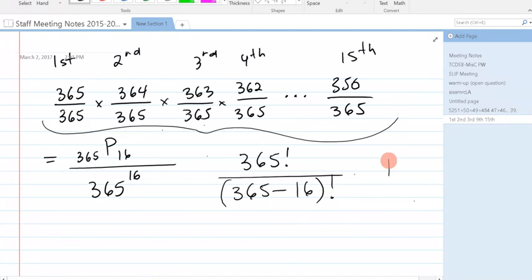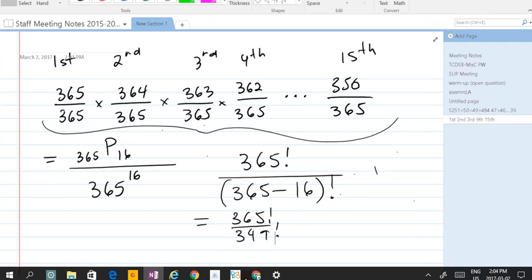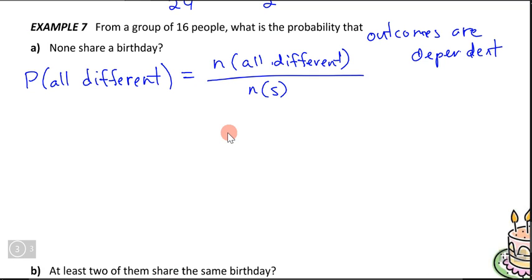Okay, and this would be... why can't I move the screen? I don't know. Okay, so this would be 365 factorial over 349 factorial. So you can use the factorials this way to also come up with the same result. So let me go back to my note here so we can finish filling this in.